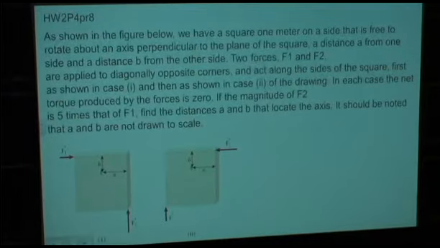Here, this is a problem I like, because it requires literal translation of the words we read into equations we write. Forces 1 and 2. So in both cases, those forces, well, have the same magnitude.